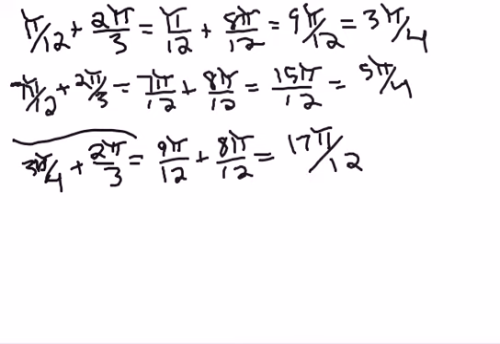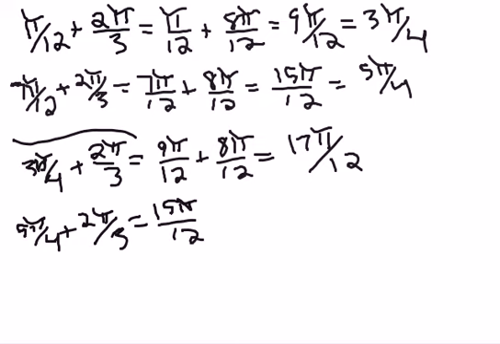So there's another answer. Now I'm going to do 5 pi over 4. So I have 5 pi over 4 plus 2 pi over 3. 5 pi over 4, I can multiply by 3 over 3 and get 15 pi over 12.